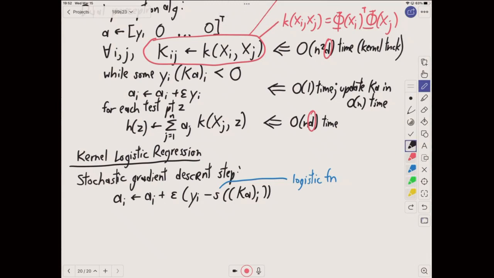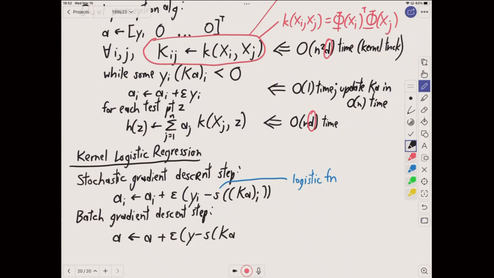And likewise, we can also derive a batch gradient descent version of logistic regression, which looks even simpler. Now, here I should mention that our logistic function is now applied component-wise to a whole vector.